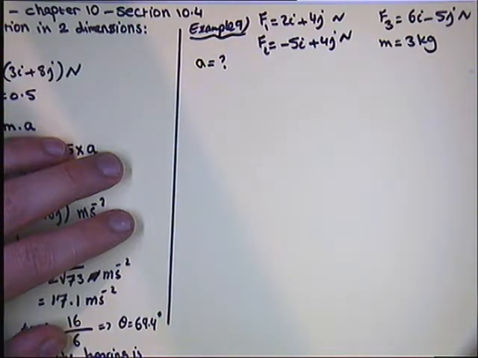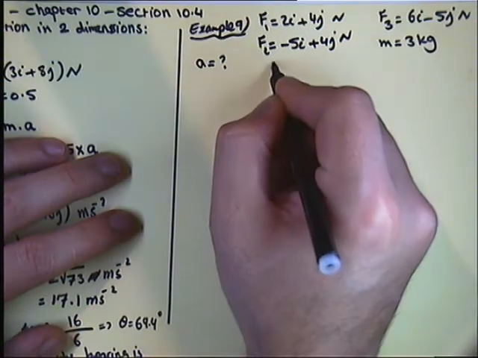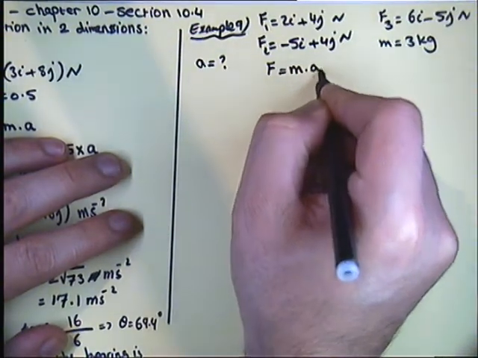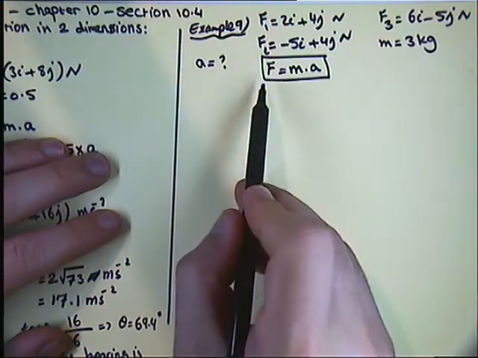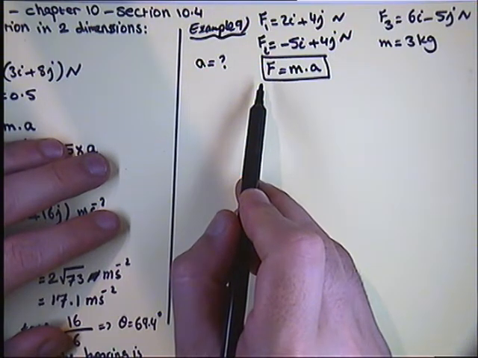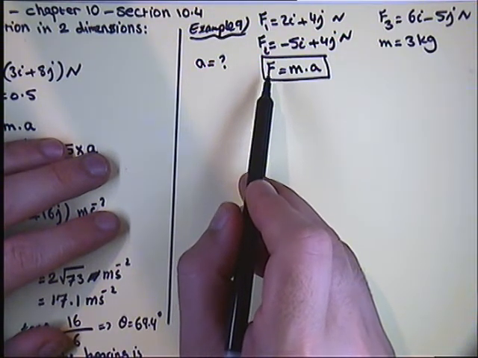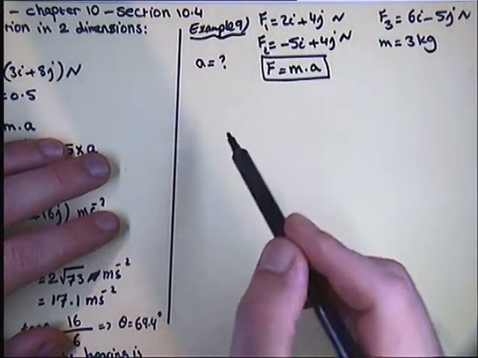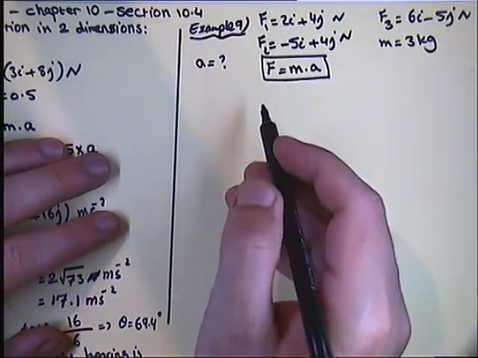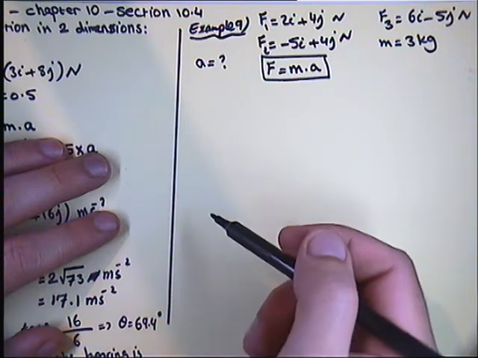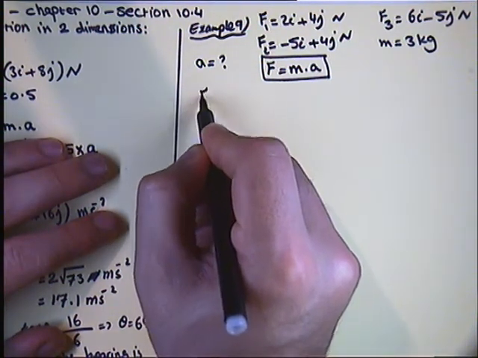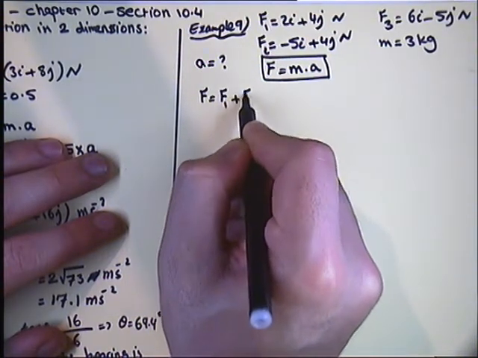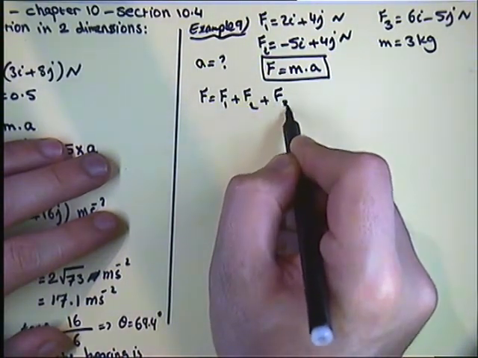We know that F is equal to mass times acceleration, so we're going to use this formula. F represents the resultant force. To find the resultant force, since there are three forces acting on the particle, we just add the i components and j components separately and write it down as a resultant force. F equals F1 plus F2 plus F3.